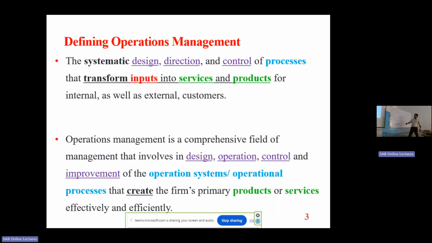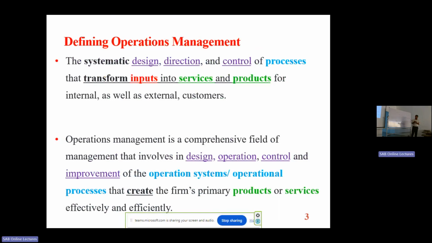When you go through the first definition, operations management can be defined as the systematic design of processes that transform operations inputs into operations outputs like products or services to supply to customers, could be internal customers or external customers, as you see.